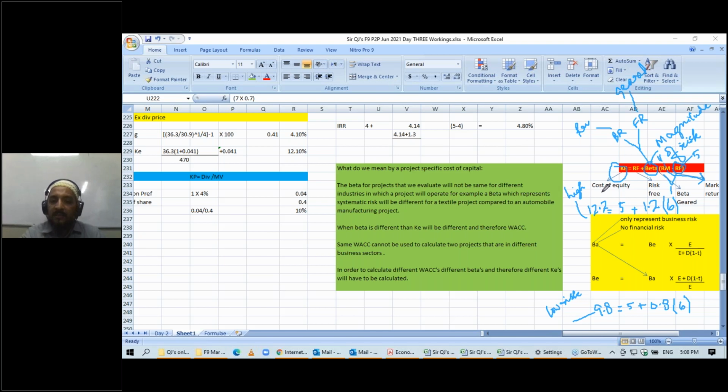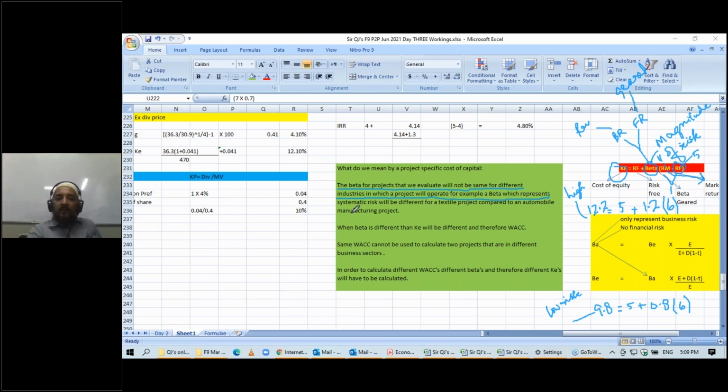So let's read this green paragraph, what it says. It says that the beta for projects that we evaluate will not be the same for different industries in which a project will operate.